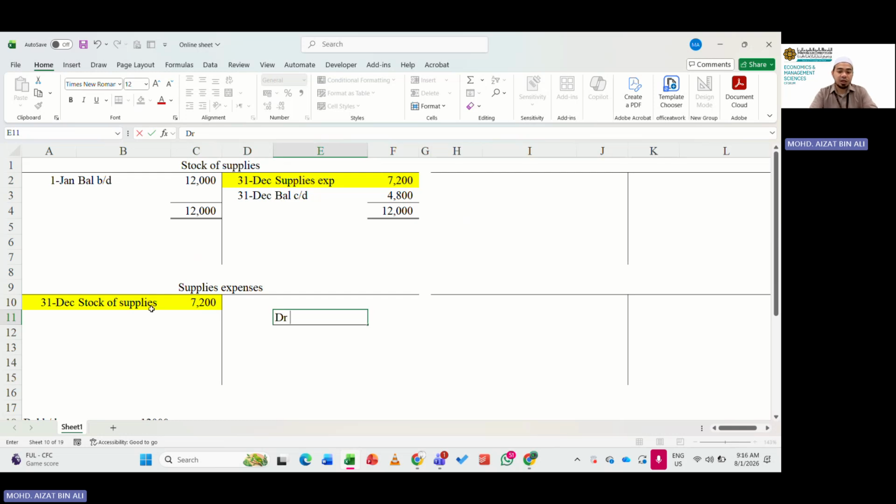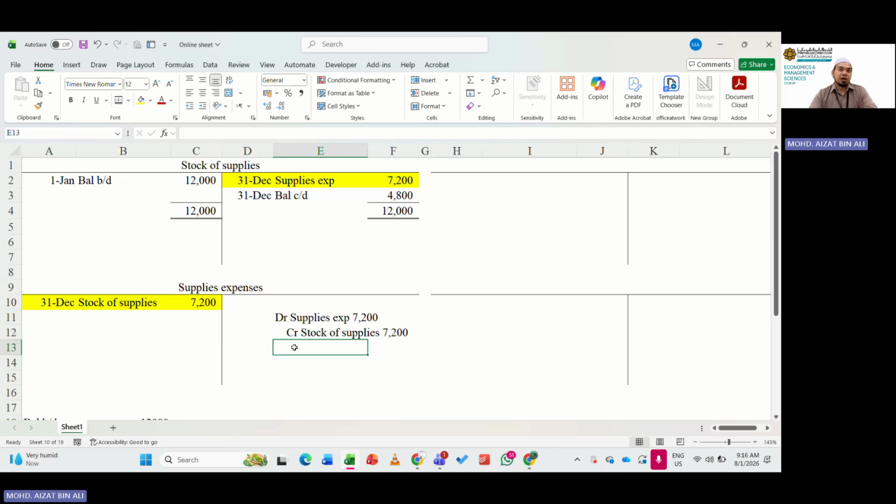Supplies expenses, right? Debit supplies expenses with that exact amount, 7,200 ringgit, and then we are going to credit the account that contains the credit entry. In this case, stock of supplies, 7,200 ringgit.